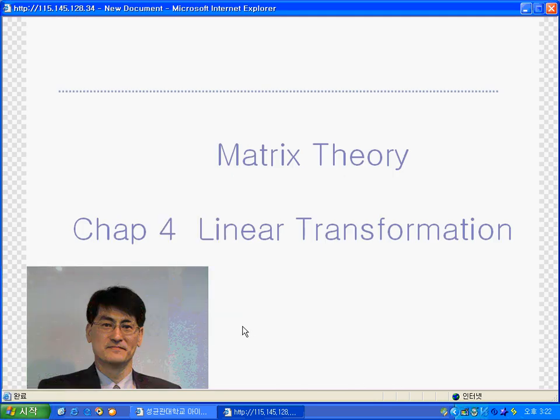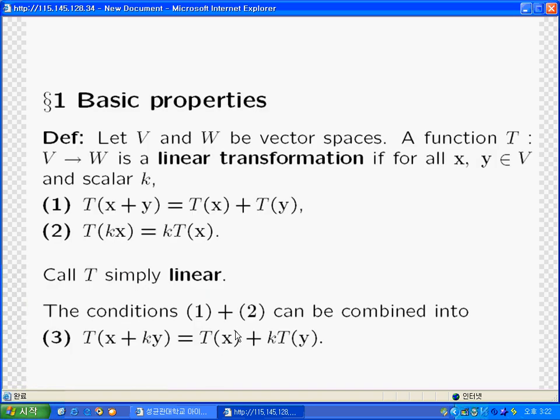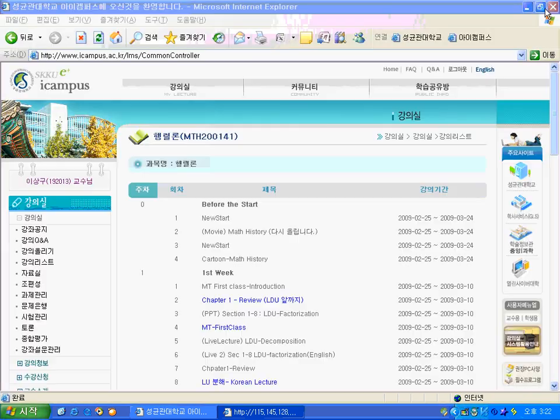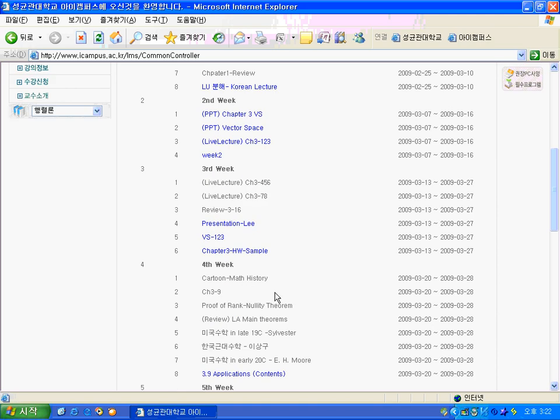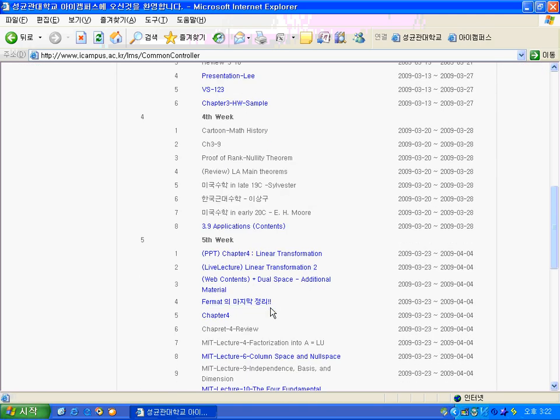The definition of linear transformation on vector space: suppose V and W are vector spaces. I believe you shouldn't have any problem going through those live lectures on chapter 4.